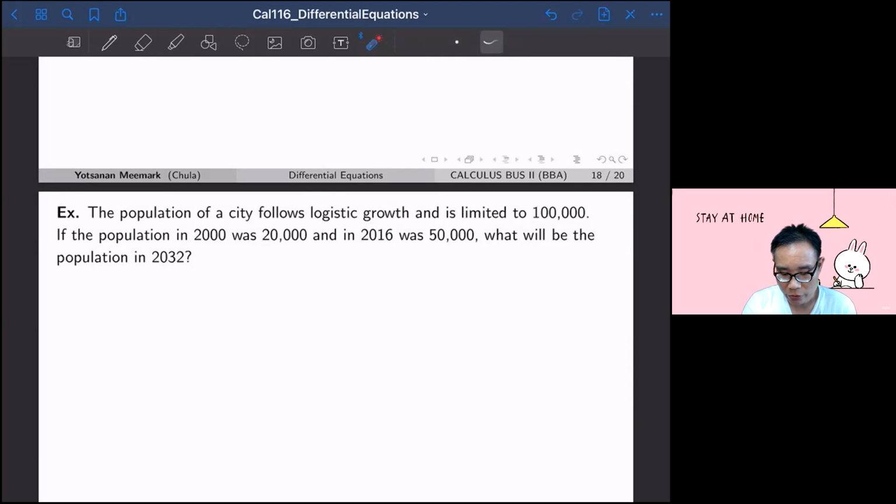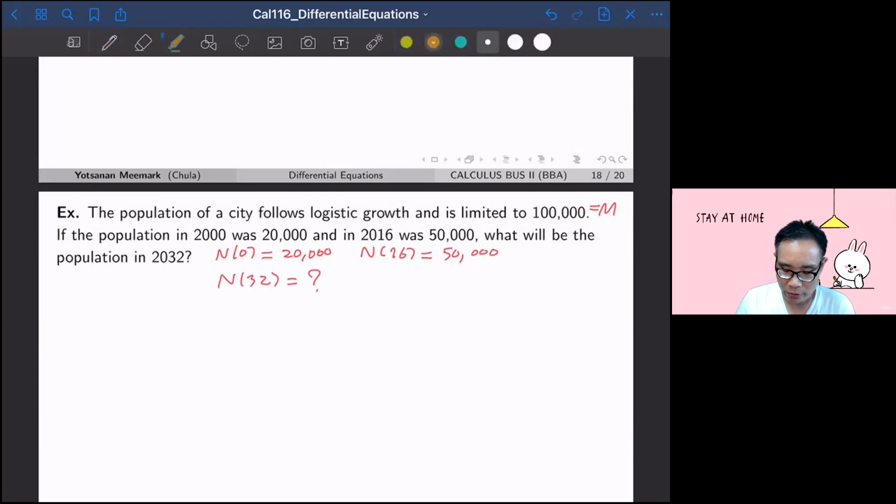So you see the question gives you M equal to 100,000, and N(0) equal to 20,000, N(16) equal to 50,000, and the question asks you for N(32). So this one, you see the keyword is logistic because it sets an upper bound.